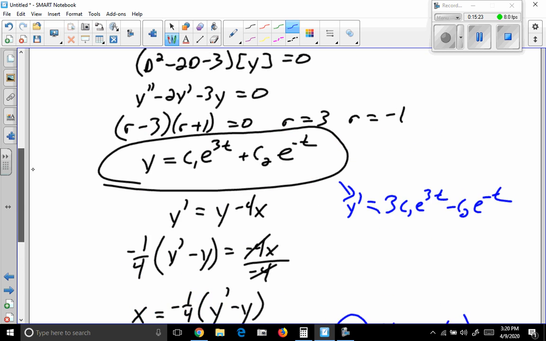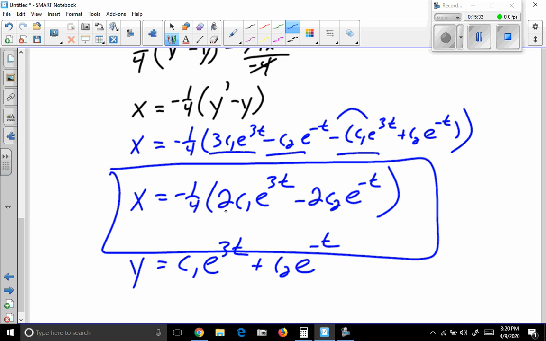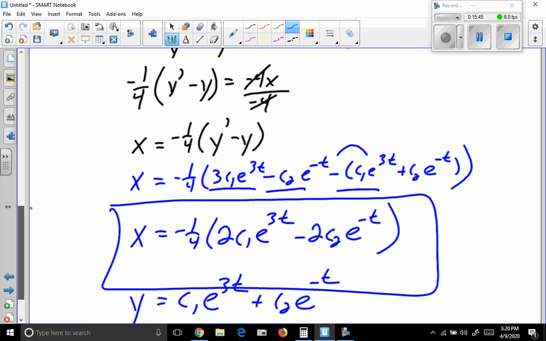So if we did it the other way, we might have k1 and k2, and then we would need to find out how these coefficients and those coefficients are related. So we don't want to have c1, c2, k1, k2. We would be better off having just one set, c1 and c2. And the easiest way to do that is like we did here.